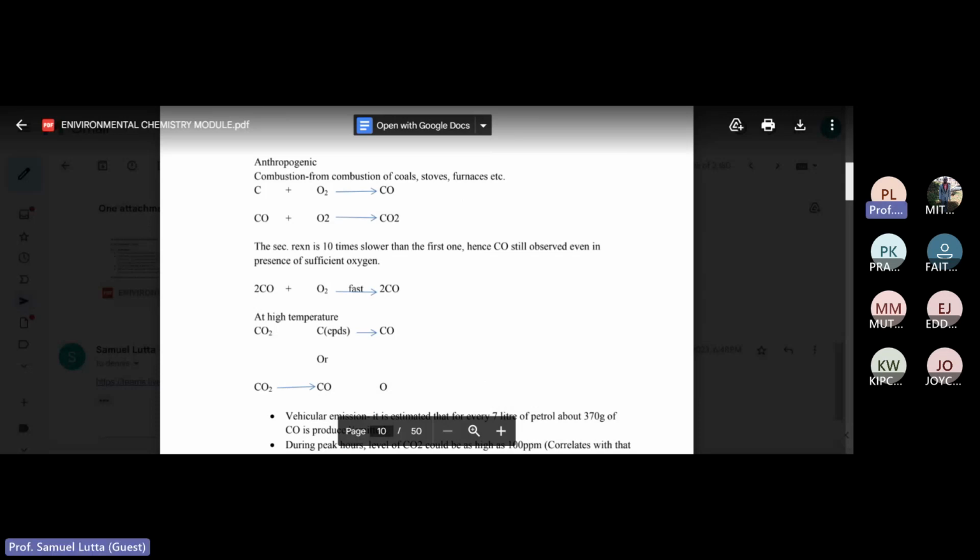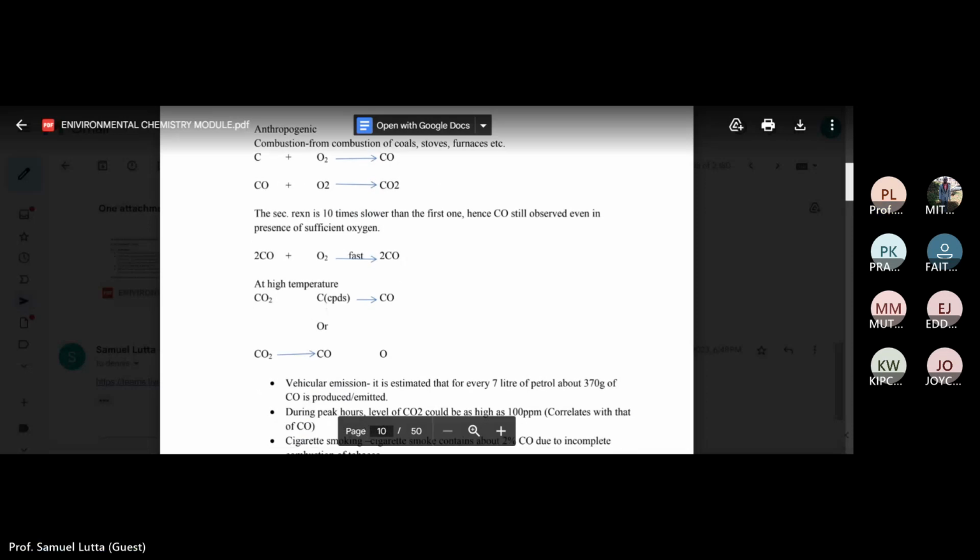Now the danger here is that the second reaction, where you consume carbon monoxide by reacting with oxygen, is very slow compared to the first one. As you generate carbon monoxide, the rate at which you remove it from the atmosphere will be slower than the rate at which you generate it. It means it will accumulate.